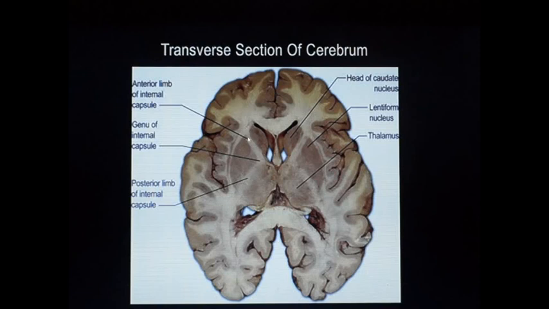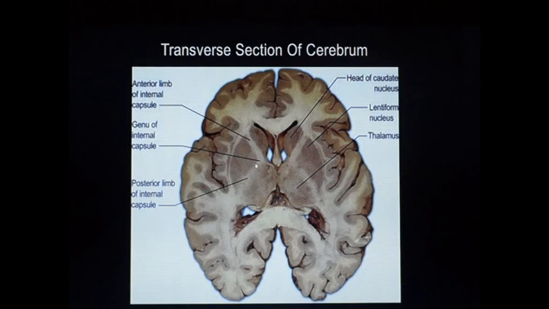The internal capsule further extends to form the corona radiata, that is the white matter in the cerebral cortex. Below, it continues as the retrolentiform part, which continues into the occipital lobe towards the visual cortex, forming the optic radiation, and towards the temporal lobe is the sublentiform part, which goes below the lentiform nucleus.